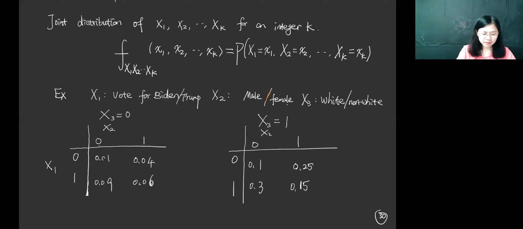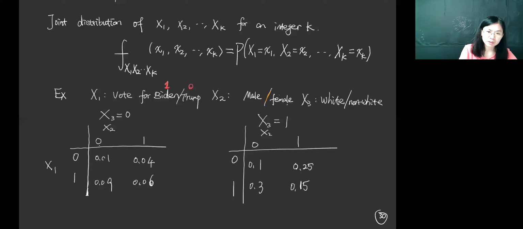And below is an example of the distribution of three random variables. This is a generalization of an example we considered before. Here there are three variables, x1, x2, and x3. x1 stands for vote. x1 equals 1 if the vote is for Biden in the general election, and 0 for Trump.